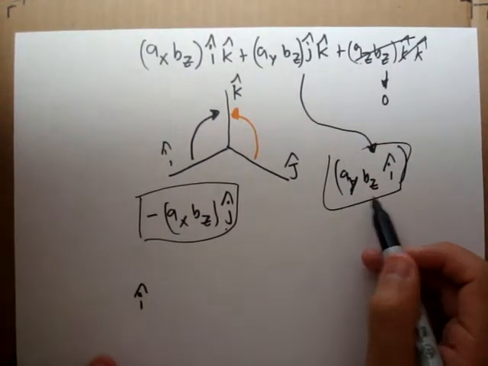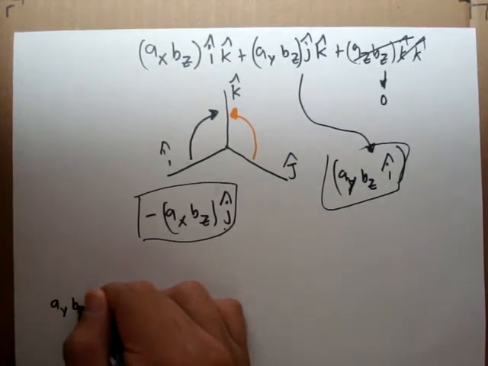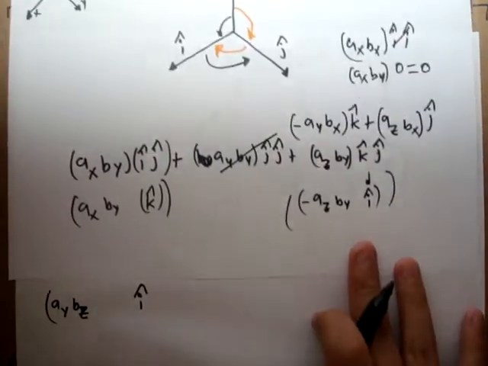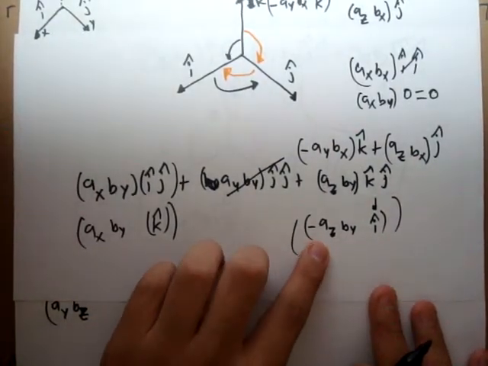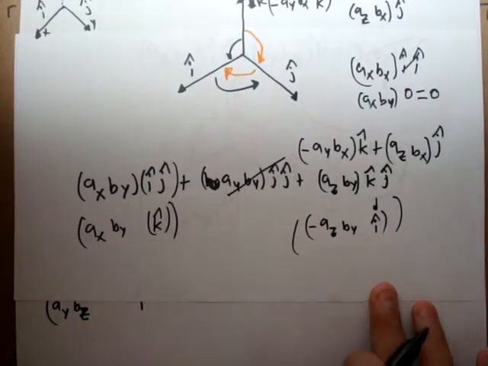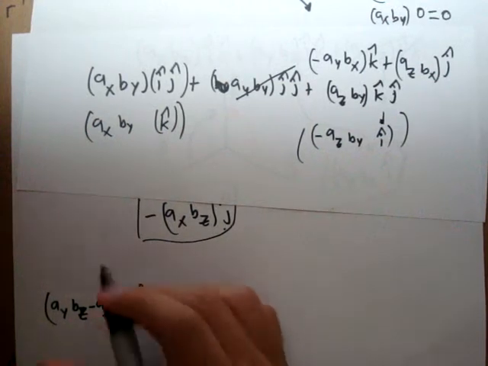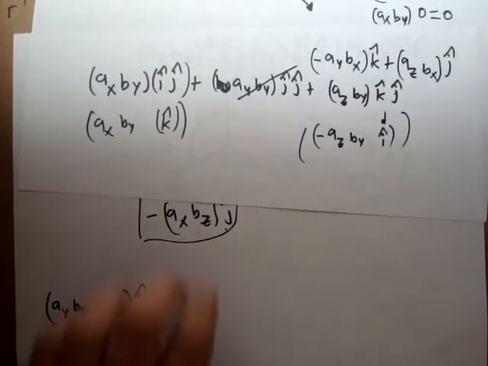So here we have AYBZ, that's the first term. And which other ones has the I in it? Oh, right here. Right? This has an I. We can factor out the I caret and we'll join this together. So that's minus AZ BY. That's the I caret term.